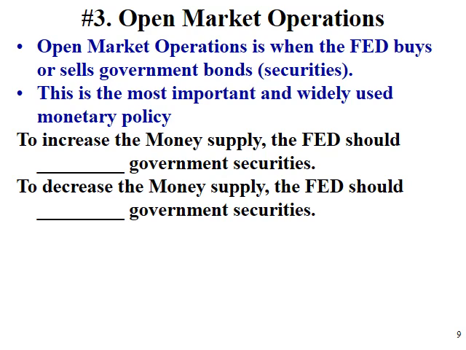So when we talk about open market operations or buying and selling of bonds, what we're really doing is trying to increase and decrease the money supply. When the government buys bonds, what they're doing is putting money into circulation.